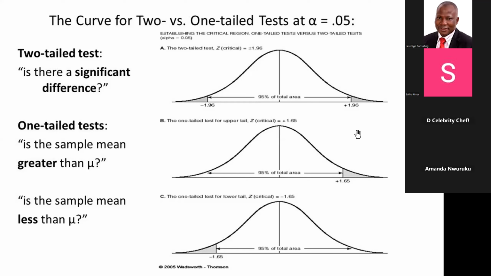So when you move from the middle, the score does not need to reach 1.96. It's 1.65. Can you see now? The value is lower than 1.96. That's the Z score. That's why it is easily significant. The other one is just in the opposite direction. It's the same thing, in the opposite direction.